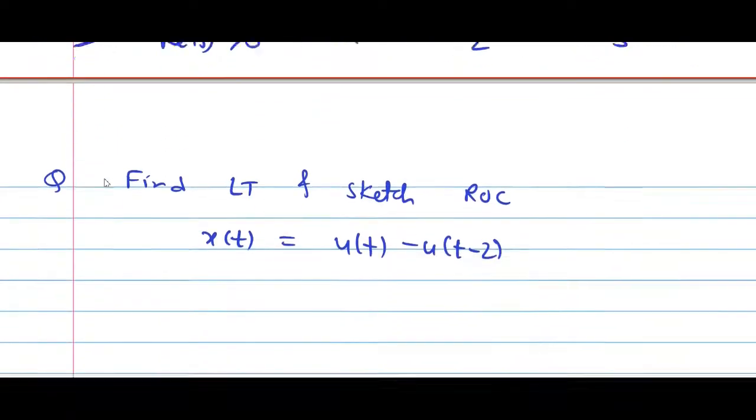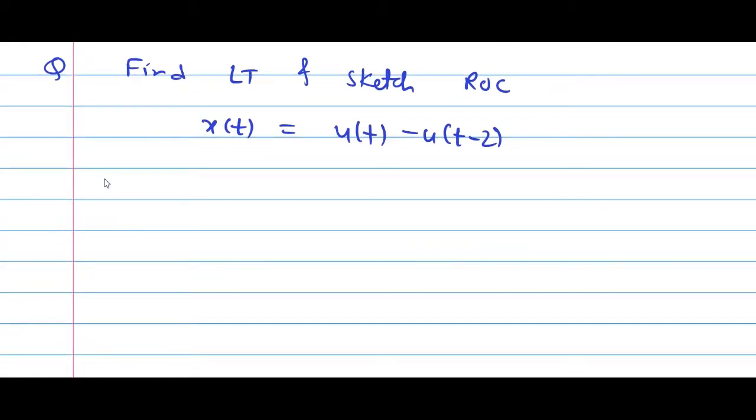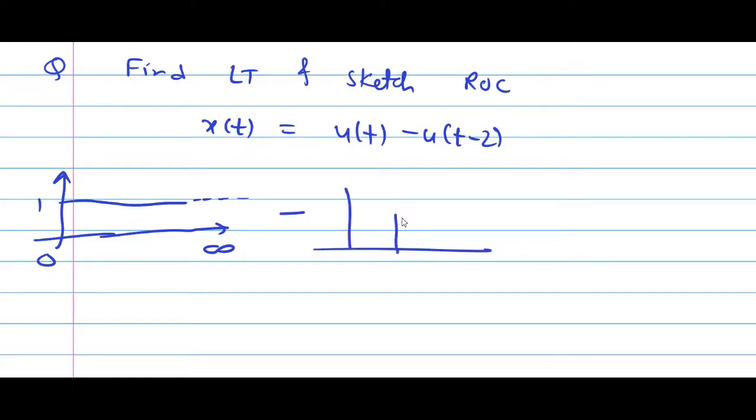Now next question: find the Laplace transform and sketch the ROC of x(t) equal to u(t) minus u(t-2). This is the graph of u(t), amplitude 1, present from 0 to infinity, minus u(t-2), whose amplitude is 1.